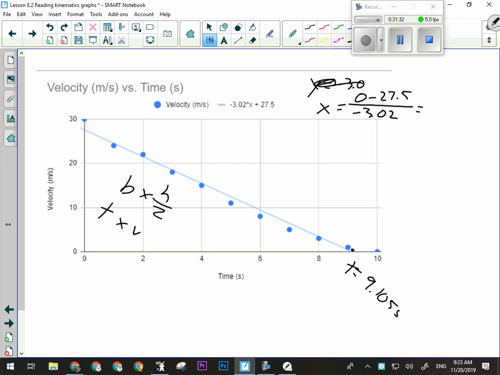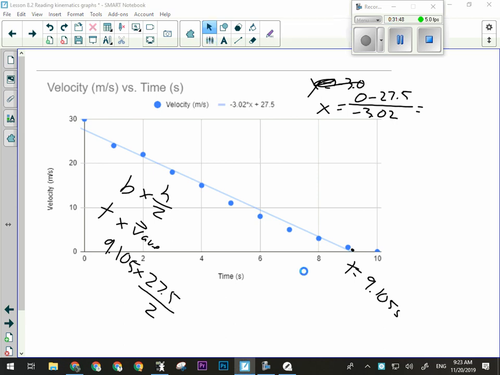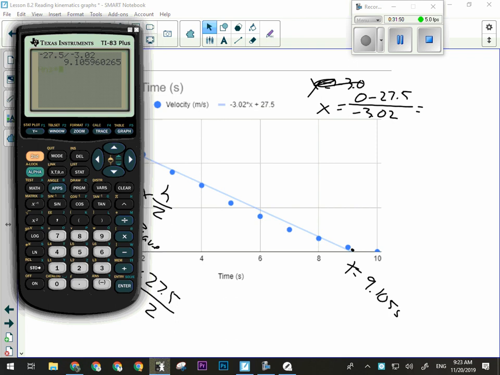That's time times average velocity. That's all I'm doing here. So I'm going to take that 9.105 with all the decimals, times 27.5 over 2. Okay, so I've got a displacement of 125 meters.